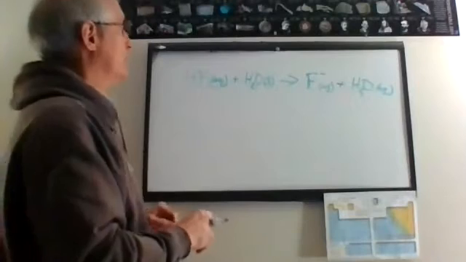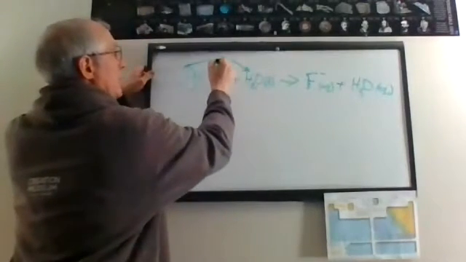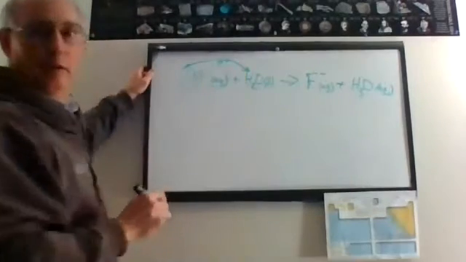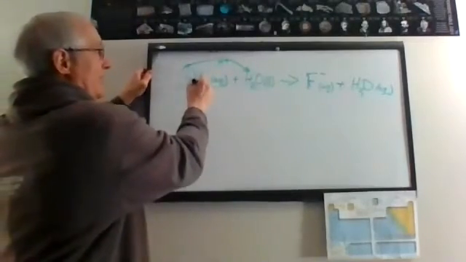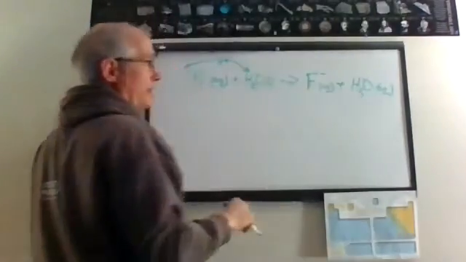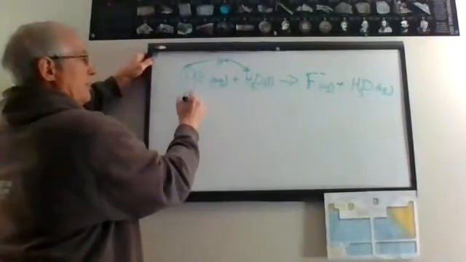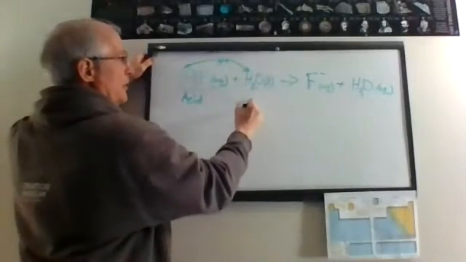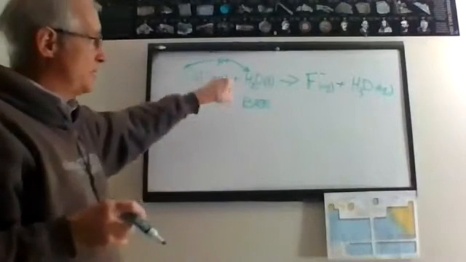And so what's happening here is this. That's a hydrogen ion positive that's floating on over here and grabbing that. And what's left behind is that fluoride ion negative. Now, if this is an acid, because it donates a hydrogen, then this has got to be a base because it's receiving the hydrogen.